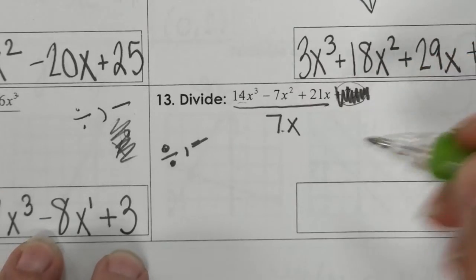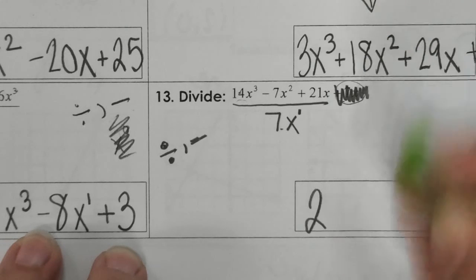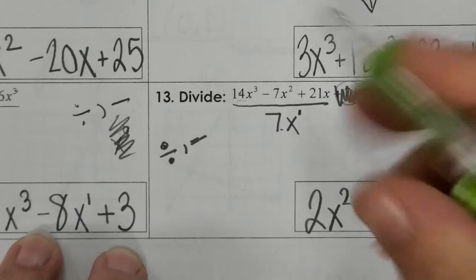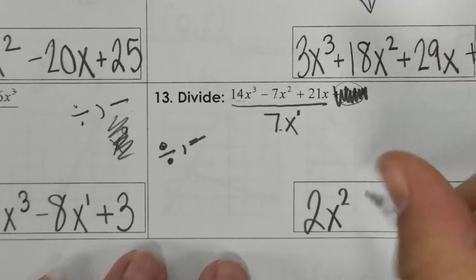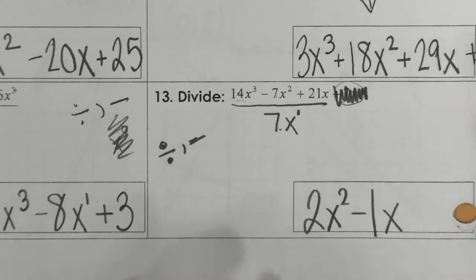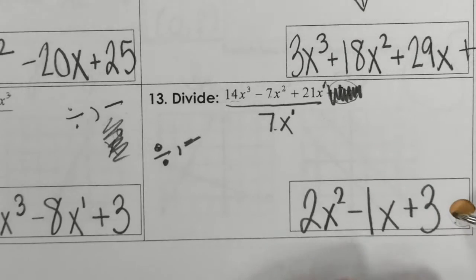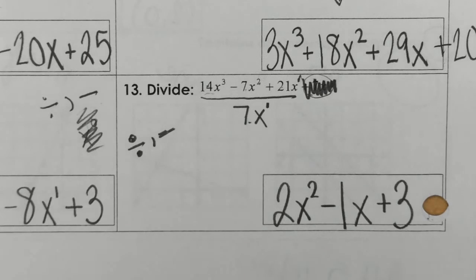So 14 divided by 7 is 2. 3 minus 1 is x squared. Negative 7 divided by 7 is negative 1. And 2 minus 1 is x. And then 21 divided by 7 is 3. And 1 minus 1 is 0. So again, we don't write it if it's a 0.